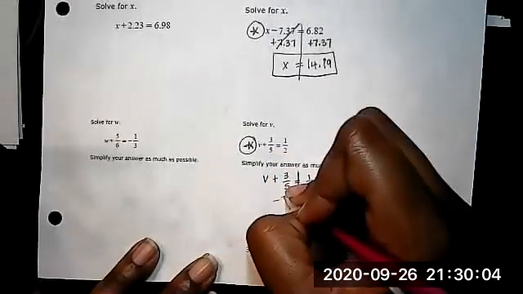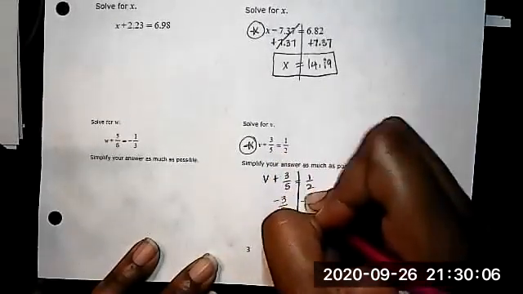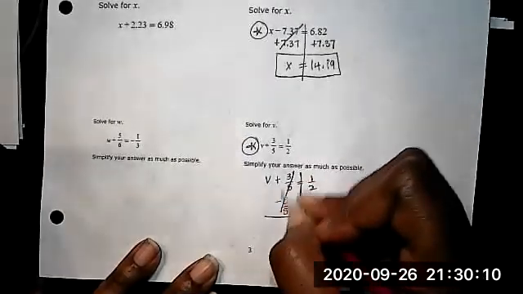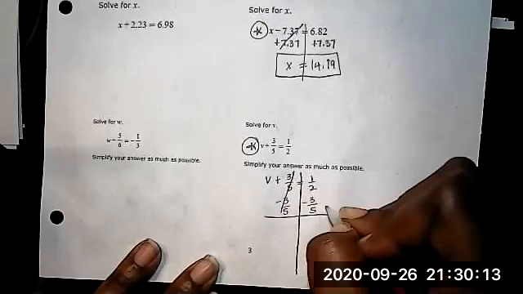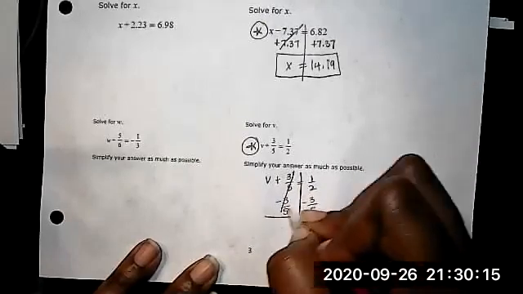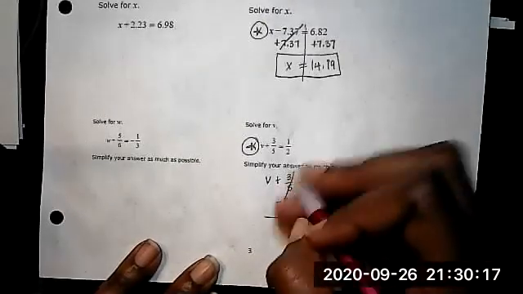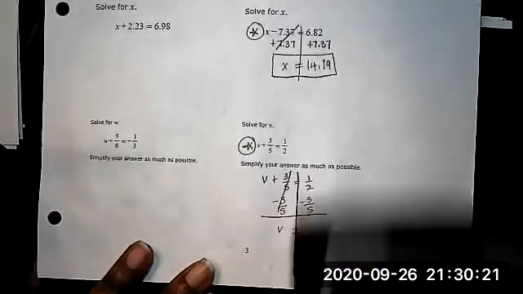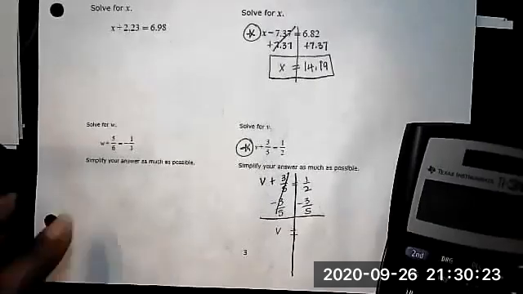So we're going to subtract 3 over 5 from both sides because we want to get v by itself. And if it's positive, we're going to do the opposite, so we're going to subtract, on both sides of the equal sign. So this now becomes v equals 1/2 minus 3/5.